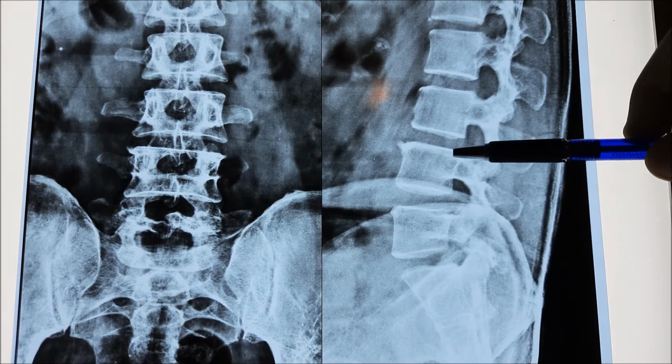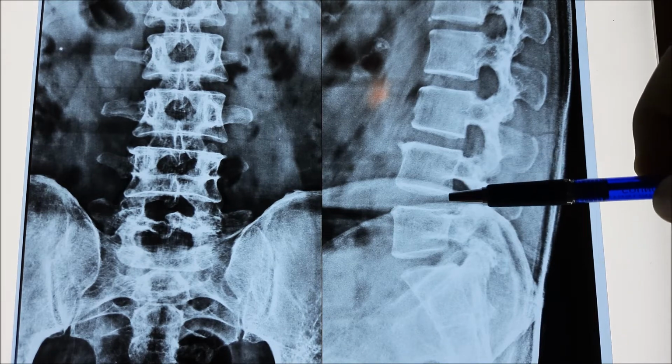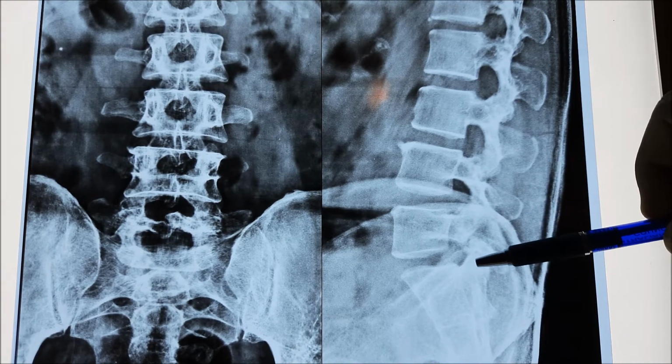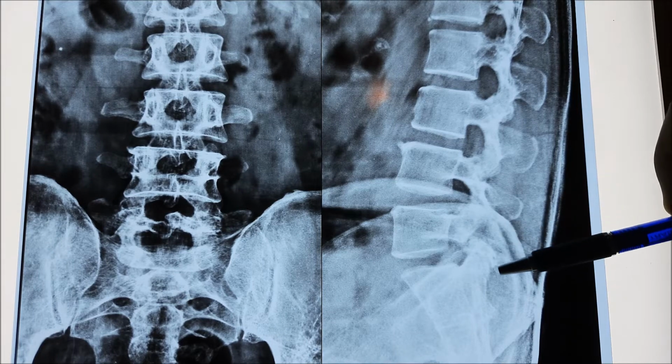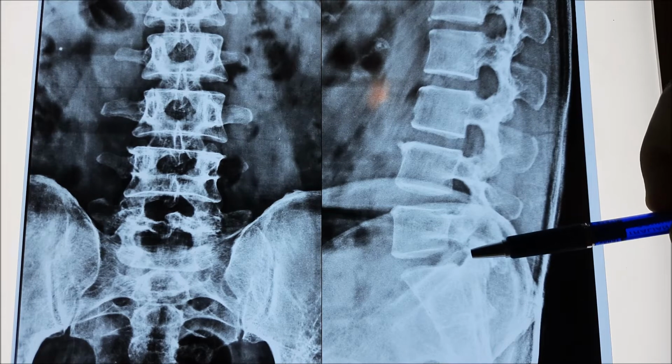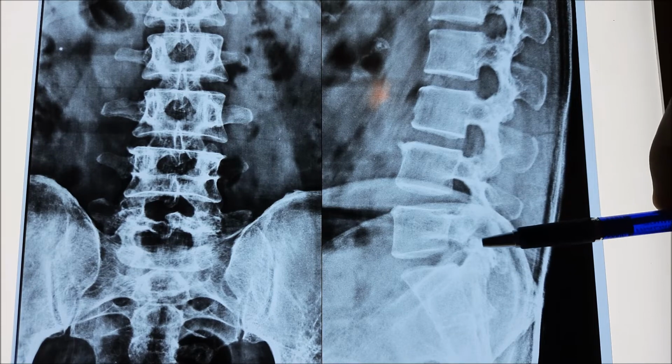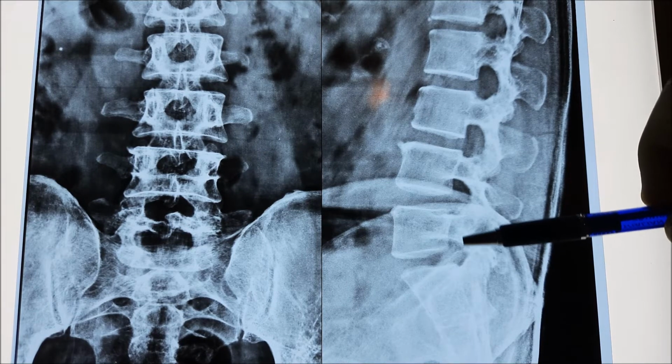This is seen in the lateral view, and this condition is called spondylolisthesis. So what is spondylolisthesis?